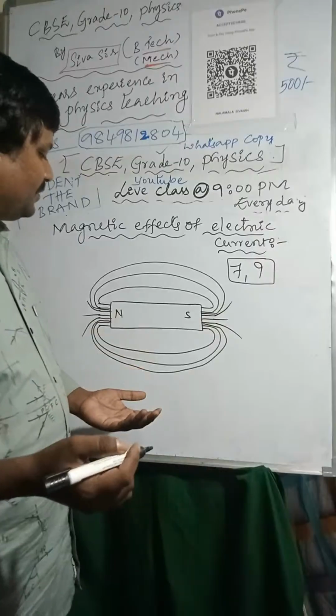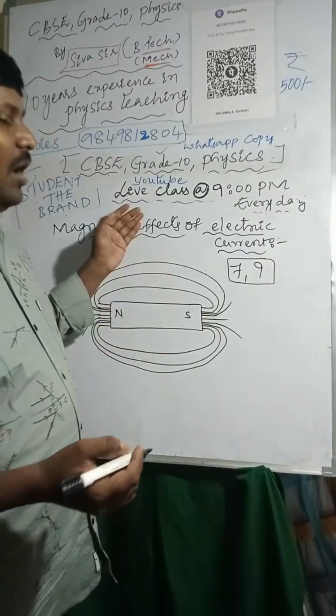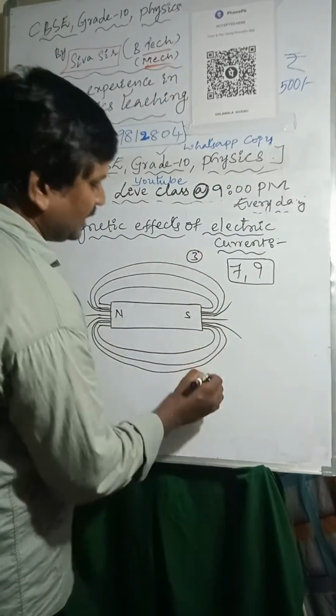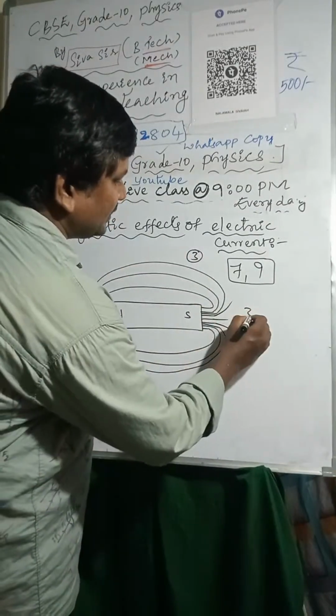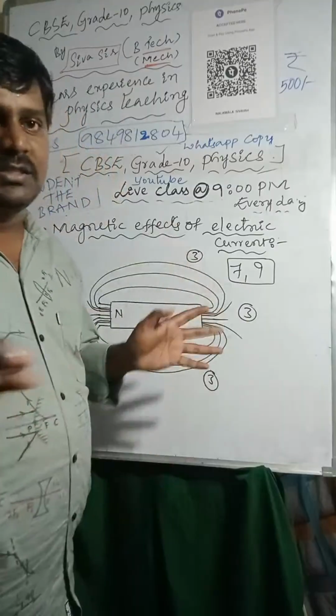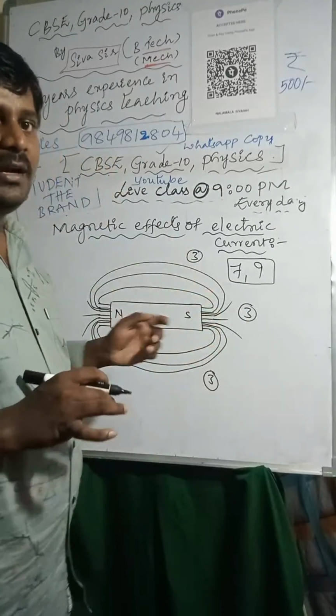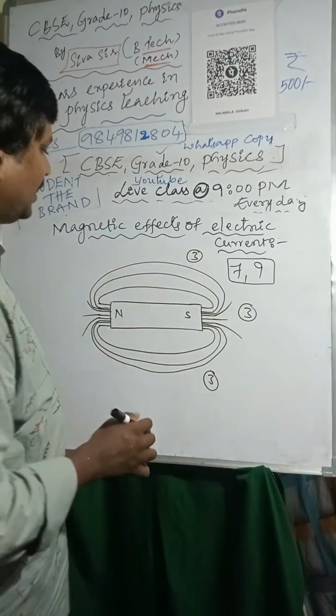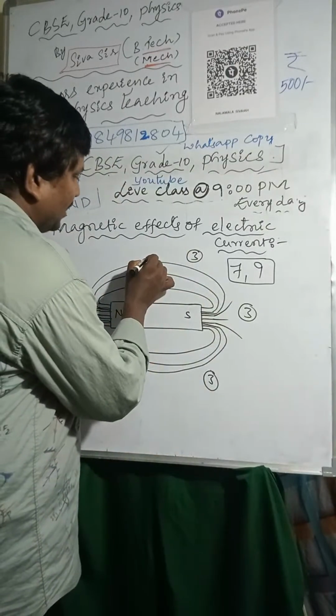That's enough. So at the top you can take 3 lines, 3 lines at the bottom, and 3 lines in the middle. Then it looks clear. It looks good. It looks great.